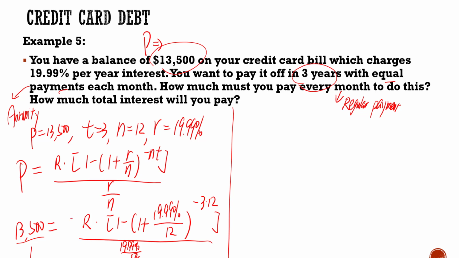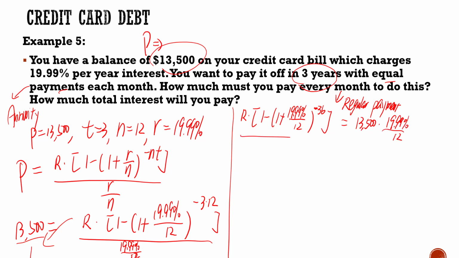We cross multiply. So r times the square bracket 1 minus 1 plus 19.99% over 12 raised to negative 36 power. So you have to make 36 payments over the life of the credit card debt. And then on the right hand side, that's 13,500 multiplied by 19.99% over 12.